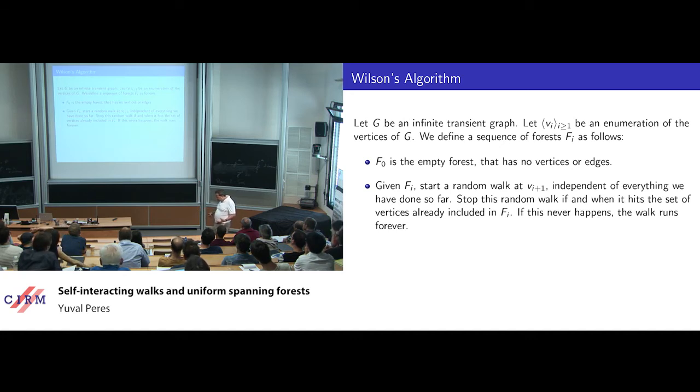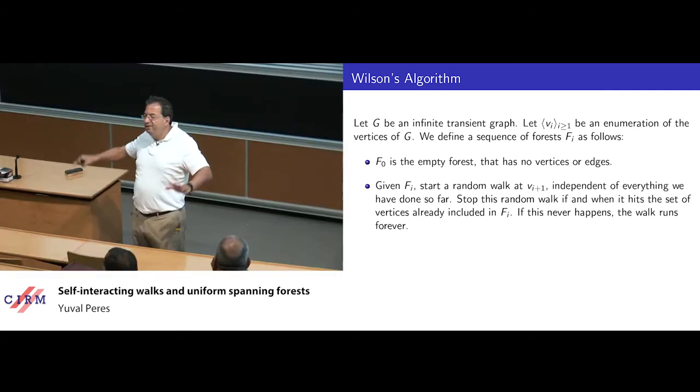Now in some graphs, what will happen is this second loop erased walk might not hit the first one at all. In that case, it's creating a new component, and these components can never be joined later. So once you have two separate components, you're assured to have two components at the end.